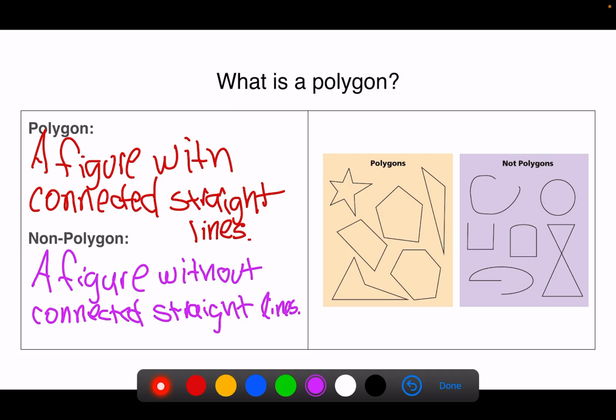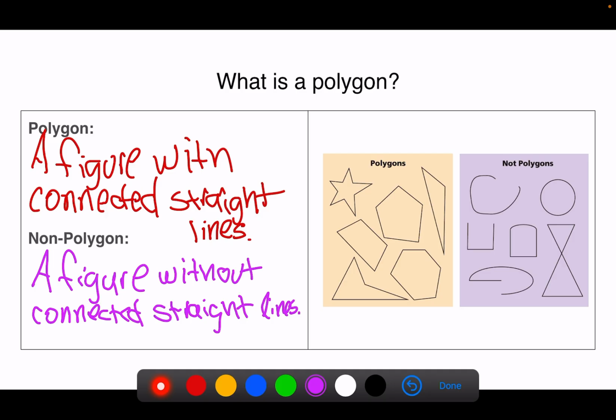We're going to talk more about definitions and polygons a little bit later in this unit together as a class. But for now, make sure you get both of those written down as your definition of polygon and non-polygon. Again, pause the video and write them down if you need more time.